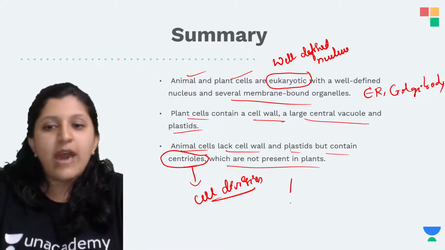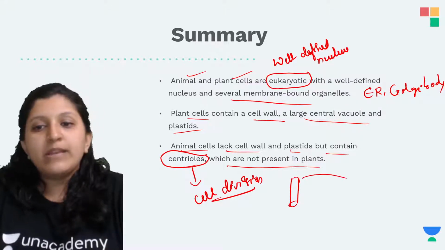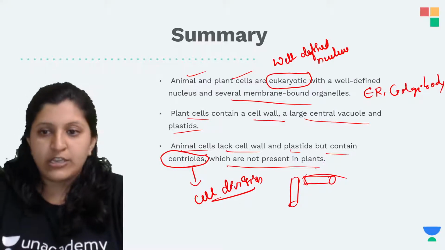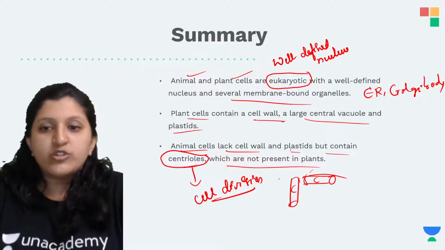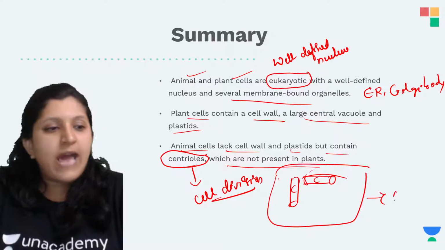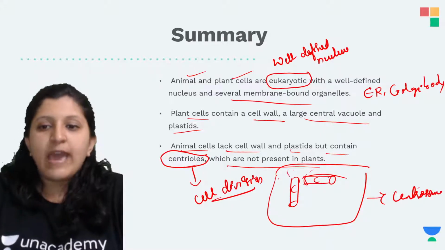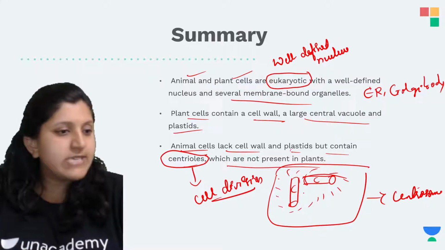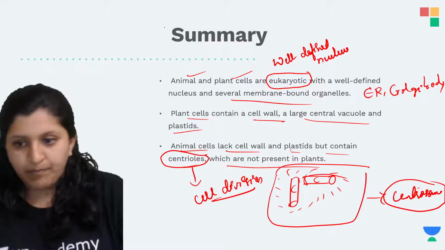The centrioles are arranged perpendicular to each other. This is a centriole, and this whole thing what you see now we call a centrosome. There is a centrosome with aster formation, so there can be aster rays.